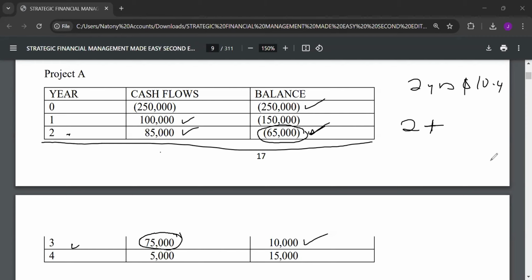Now, 65,000 is what I'm expecting to receive. How much did I receive in the coming year? 75. So it becomes 65 all over 75. So 65,000 divided by 75,000. Let's see what that will give us.